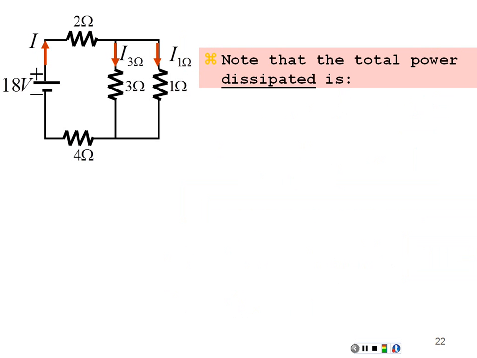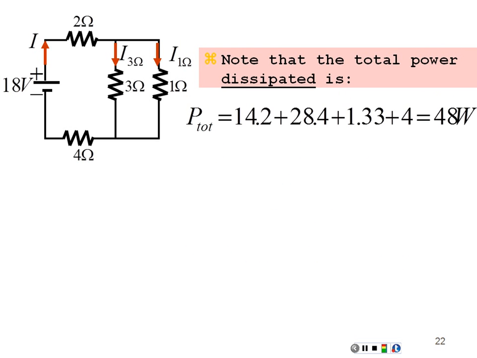Note that the total dissipated power in this circuit, if we added it up for all the resistors, is going to be 14.2 plus 28.4 plus 1.33 plus 4, 48 total watts dissipated in this entire circuit. If we were to take the equivalent circuit, it should have no different effect on the battery.